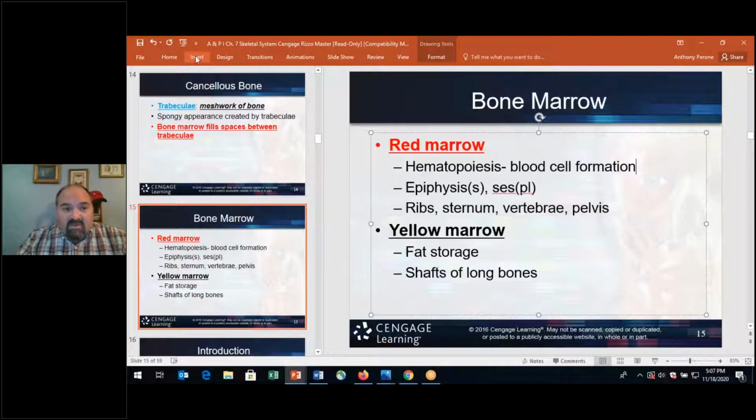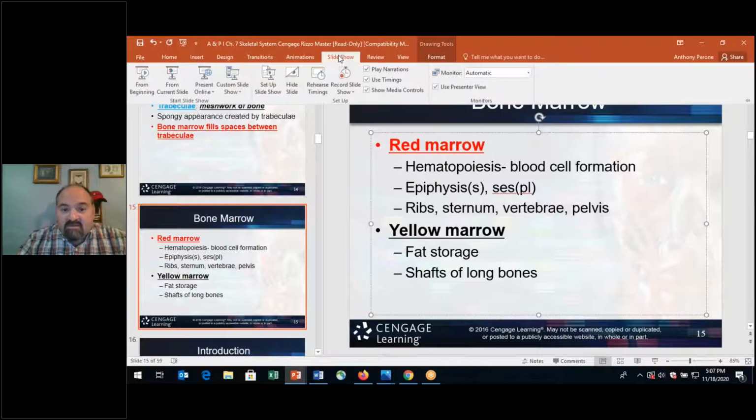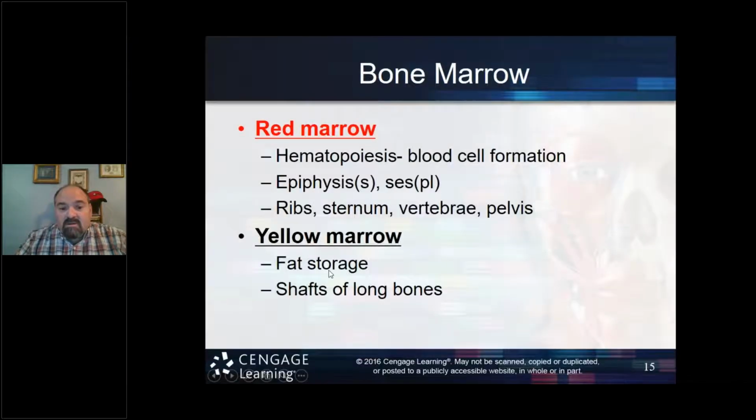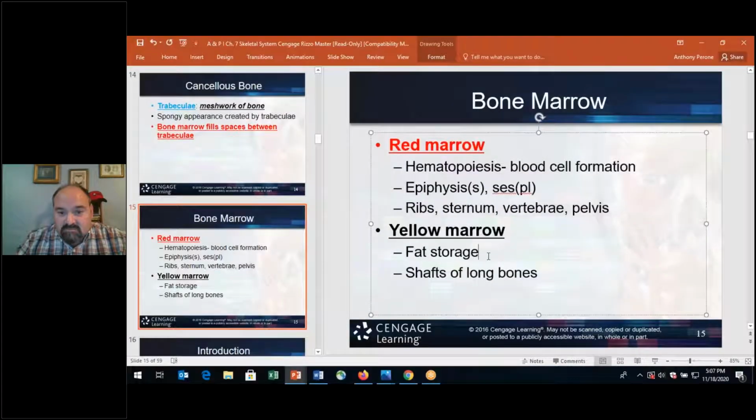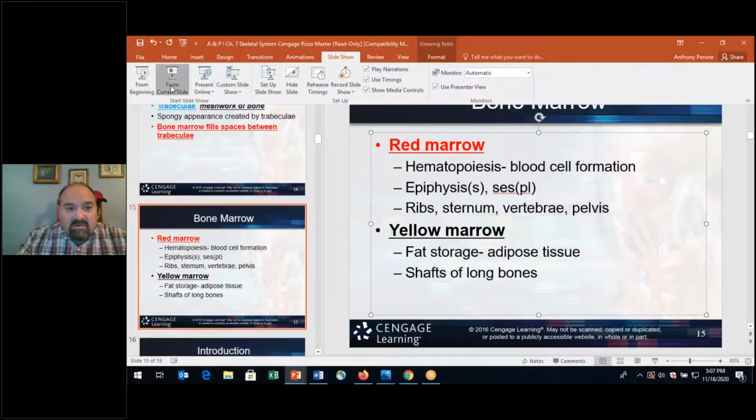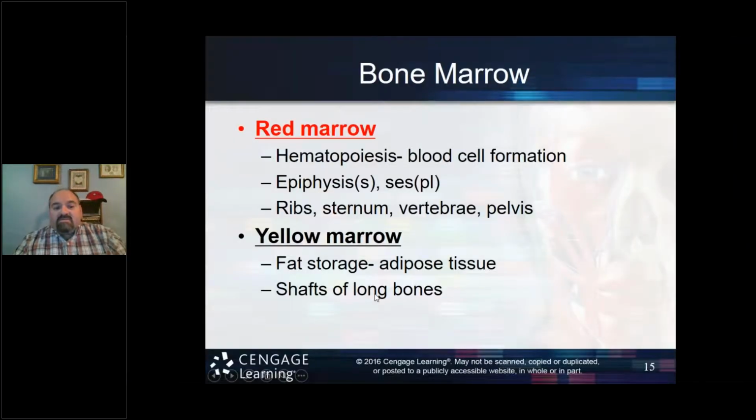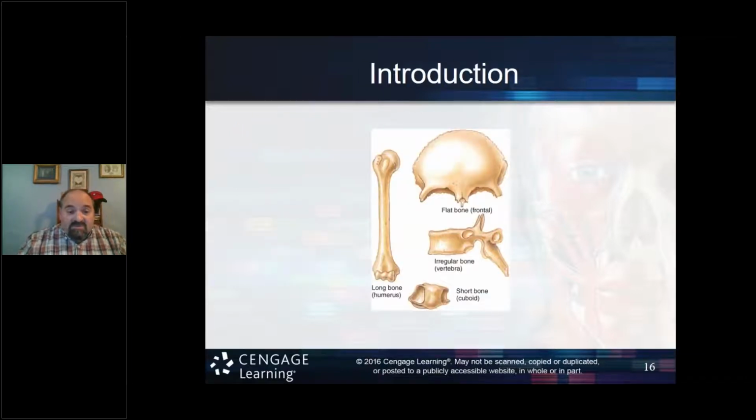And then we know that yellow marrow is adipose tissue, and it's fat storage. And know that in case of need, yellow marrow can be converted to red marrow. That's the body's ability to do that, and it can absolutely do that.